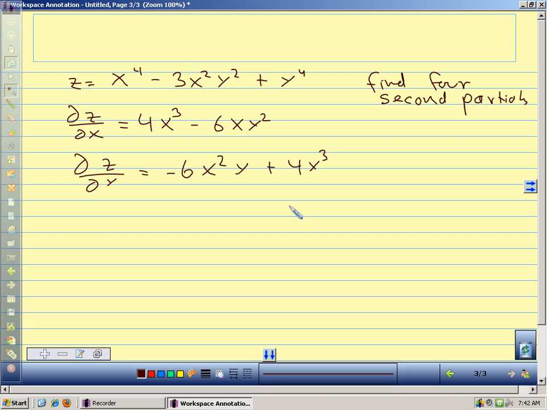Now let's look at the derivative with respect to x of dz dx. So what do we get? 12x squared minus 6y squared.